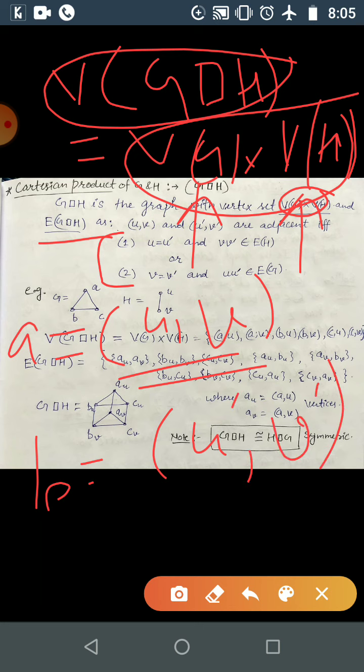Then AB is adjacent when either the first coordinates are the same and the second coordinates form an edge in H, or the second coordinates are the same and the first coordinates form an edge in G.